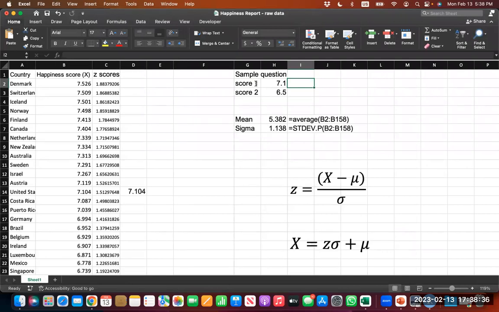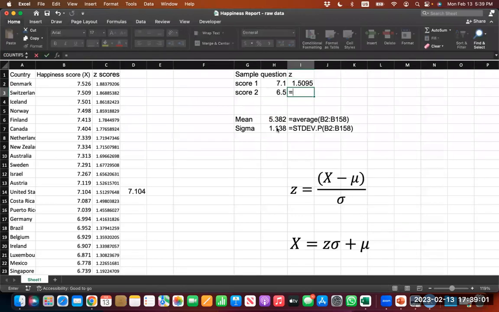Now you can easily do that by calculating the corresponding z-score. You first calculate the z-score, which is the individual x minus the mean divided by the sigma. That's 1.51.